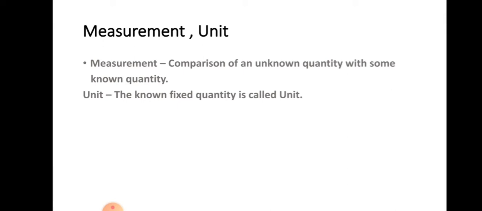According to these activities, we can have different measurements for different students, but we have to compare all these measurements with the already known quantity. That is called the measurement. Then only the measurement will be clear.